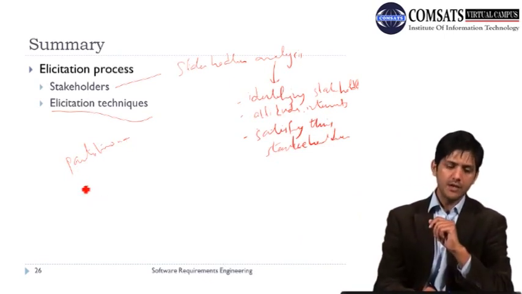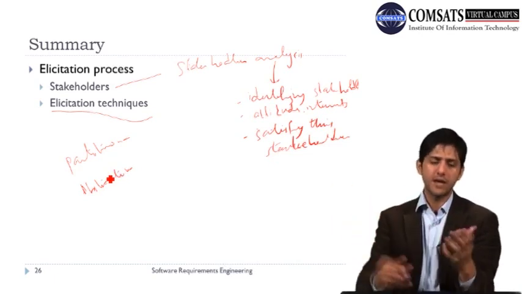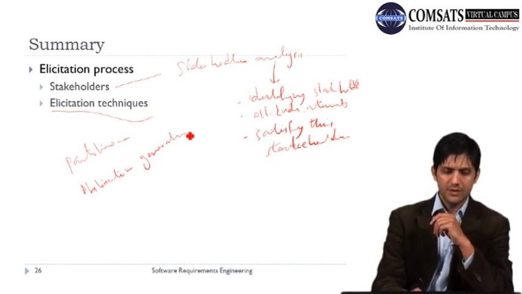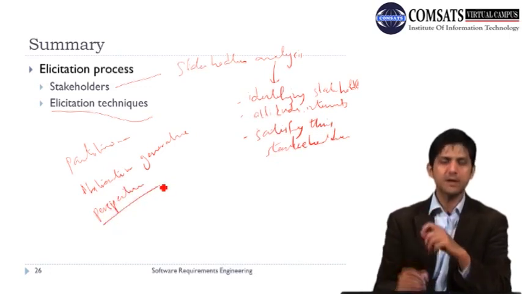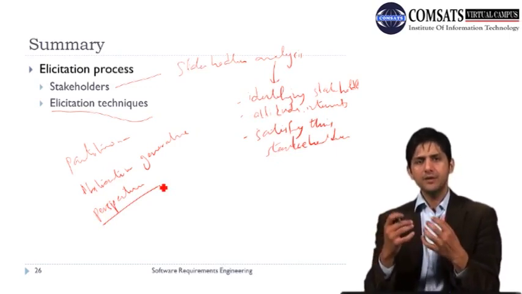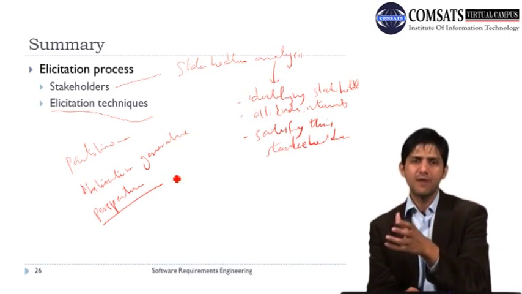The second is abstraction, where we ask very general questions; we generalize. And the final one was perspective, where we try to take the perspective of different stakeholders. Depending on how we are trying to structure knowledge, your elicitation technique would vary.